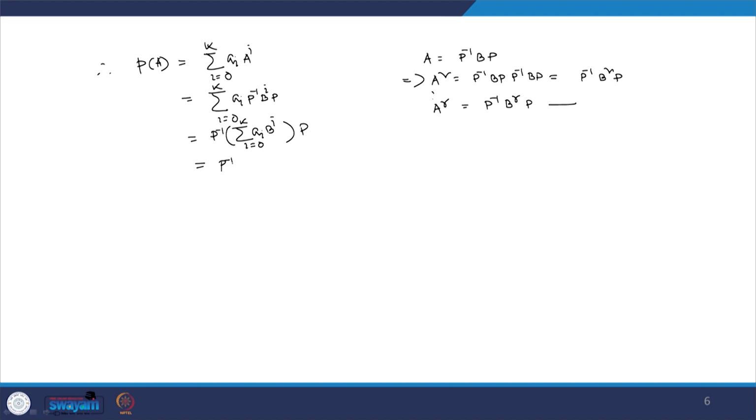So, this is equal to P inverse 0 into P equal to 0. So, we have p is also a polynomial annihilating A. Actually, p(A) equal to 0 means if the minimal polynomial of A is equal to q, then certainly q divides p.